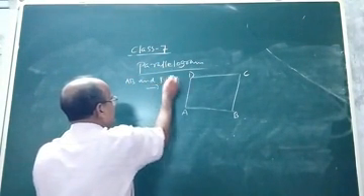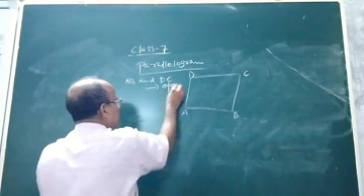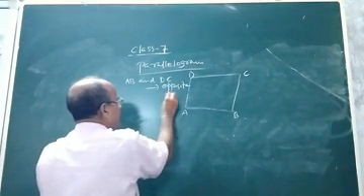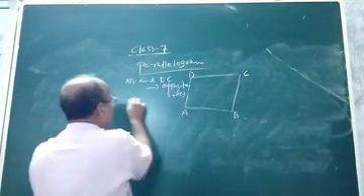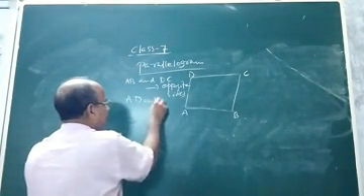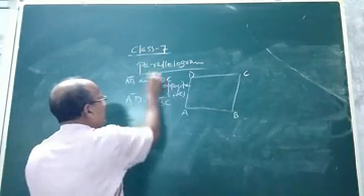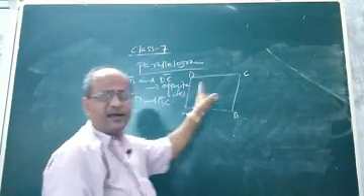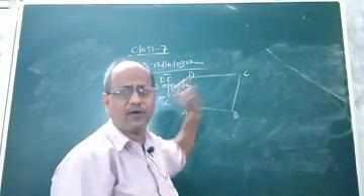These 2 sides are opposite sides. That means AB and DC form one pair of opposite sides. Similarly, AD and BC is another pair. So there are 2 pairs of opposite sides in this quadrilateral.